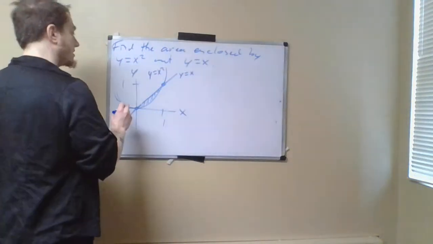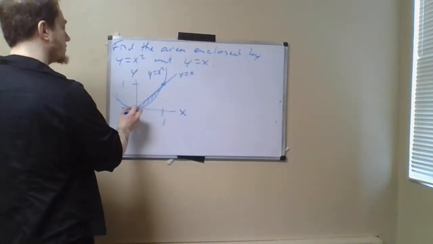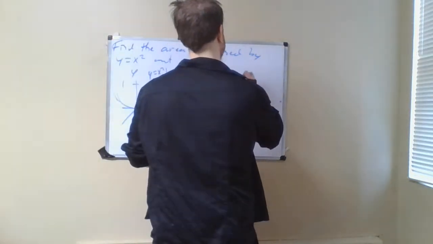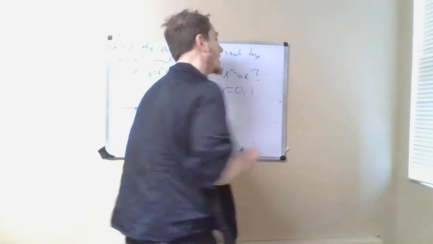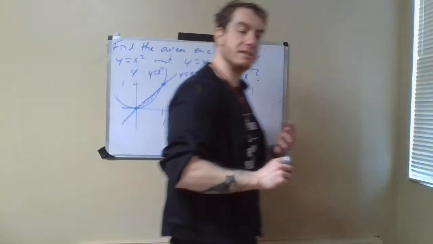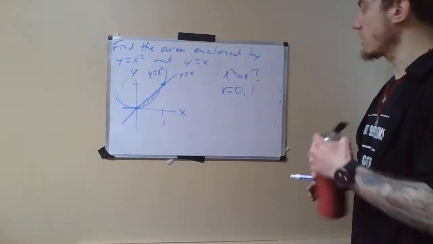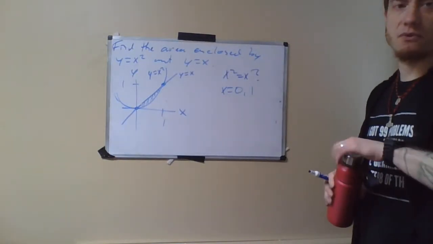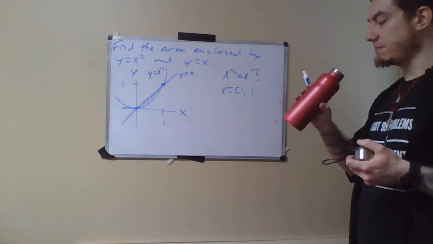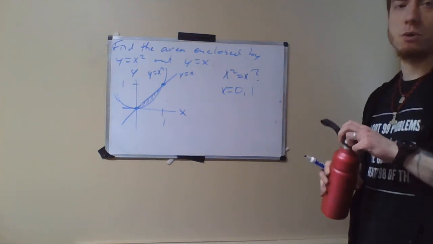So to find the enclosed region, we need to figure out where these two curves intersect. So we need to know x squared equals x. Well, this is going to happen at x equals 0 and at x equals 1. I picked this as a fairly basic example because I didn't want confusing or complicated arithmetic or algebra getting in our way.